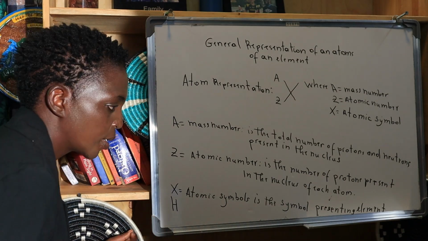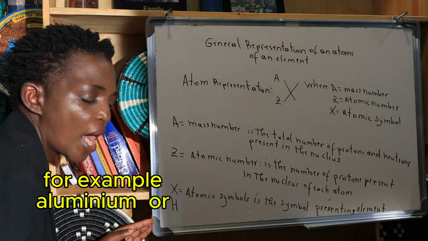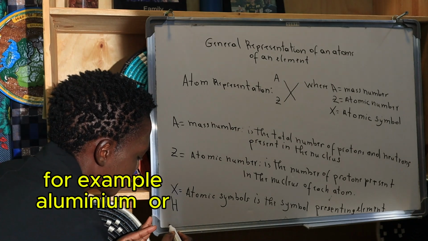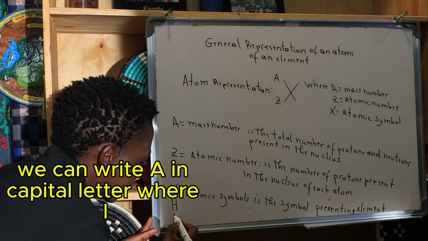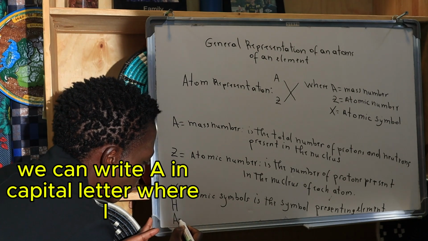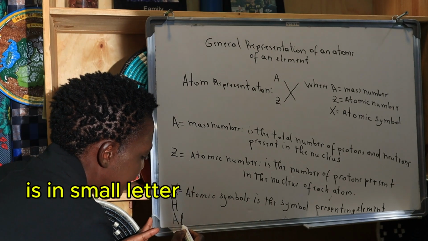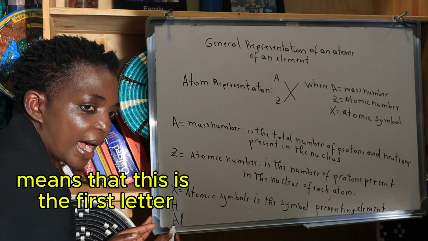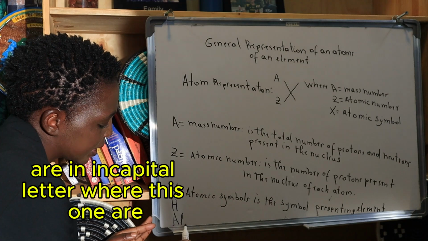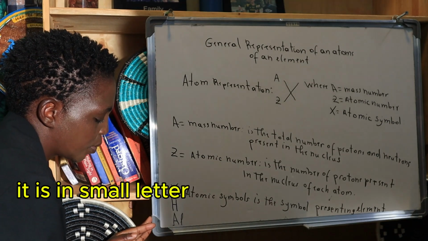For example, aluminium. Here aluminium we write with A in capital letter, where the second letter is in small letter.